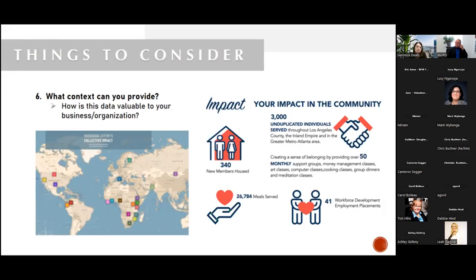They have a world map and they're showing everywhere that their work touches. On the right-hand side, they're still showing everywhere their work touches, just in a very different way. They've decided that the data they want to share is more on unduplicated individuals served in that particular community. So same data, two very different ways of sharing it.